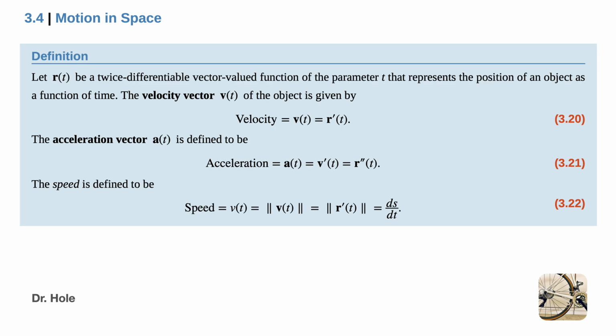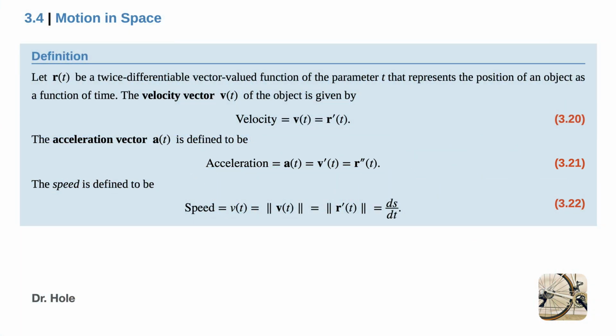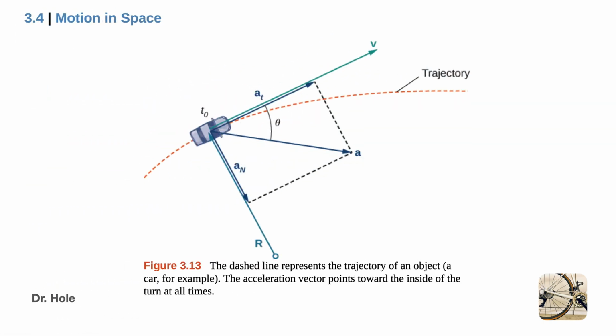This may be a familiar setup if you recall rectilinear motion. It's basically the same thing, but instead of a position function given by a scalar, this is a position function given by a vector-valued function. This is nice because we can use it to describe moving objects, moving particles, for example, a car.